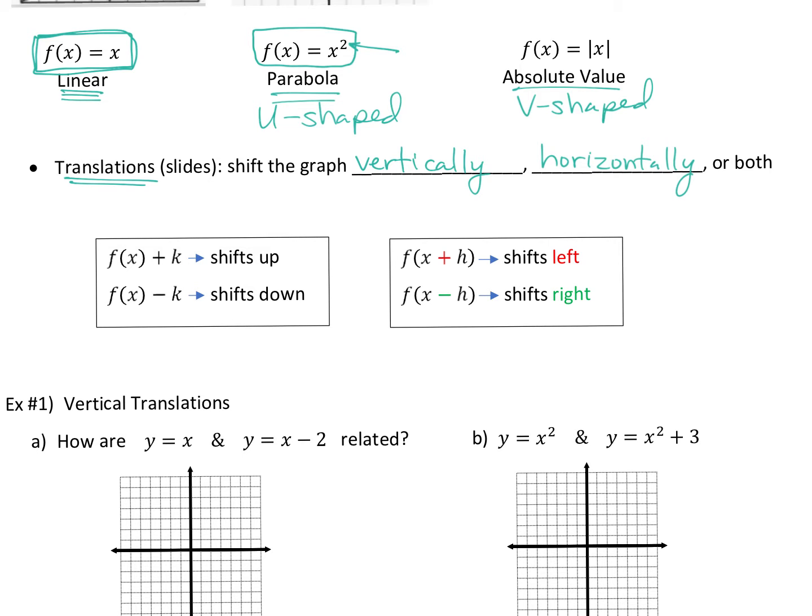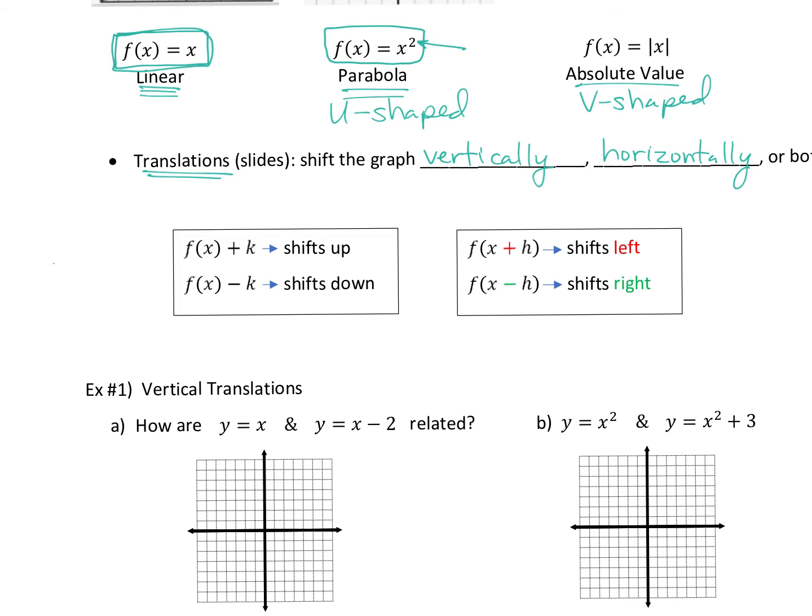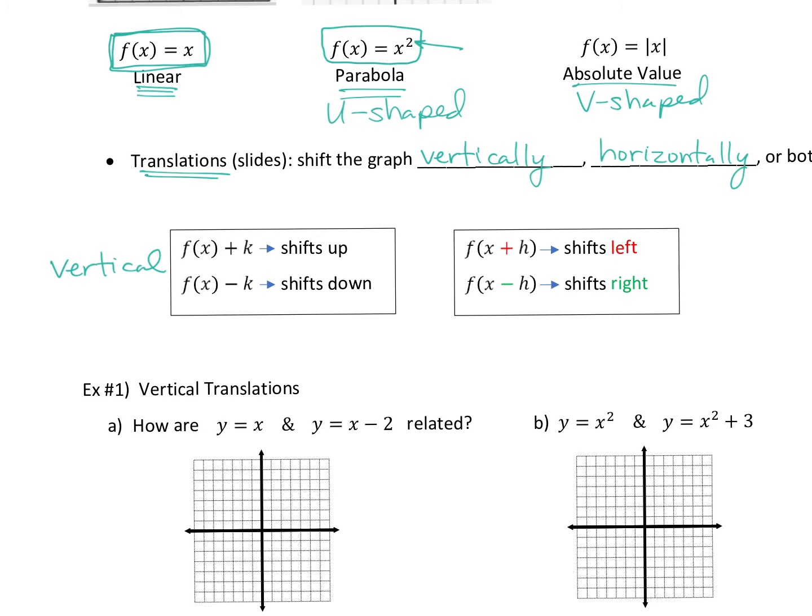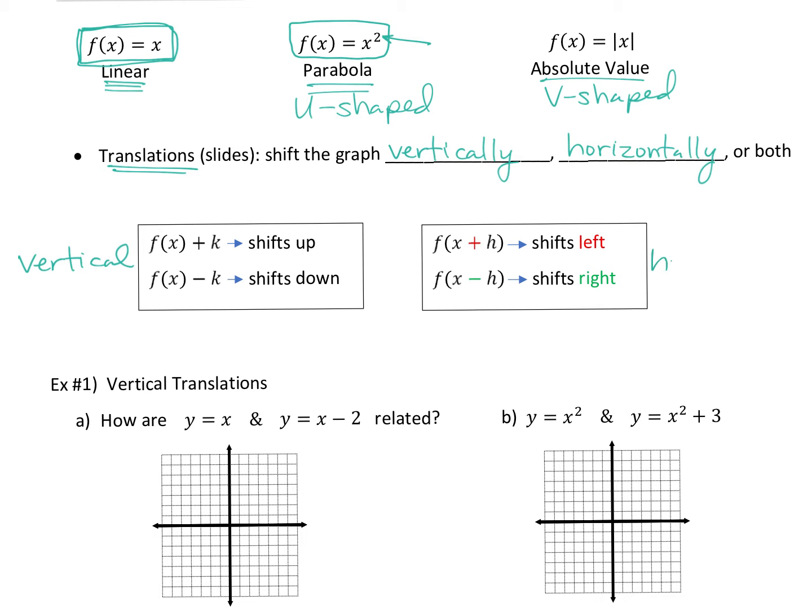So here's what I want to make sure of here. This is the vertical on the left. This is the horizontal on the right. The left side, the vertical shifts are, I always say typical.